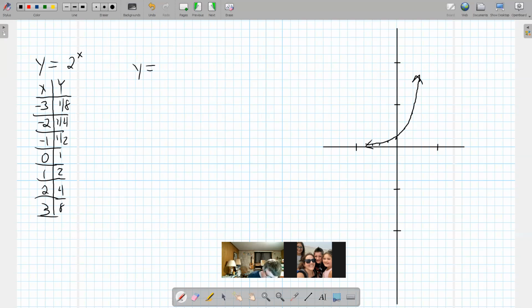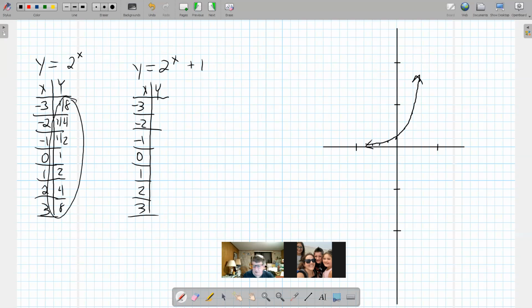What about the graph of y equals 2 to the x plus 1? What's that going to look like? Wouldn't that just increase all of those values by 1? So this would be 1 1/8, 1 1/4, 1 1/2, 2, 3, 5, 9.